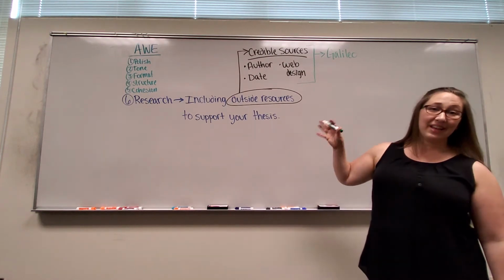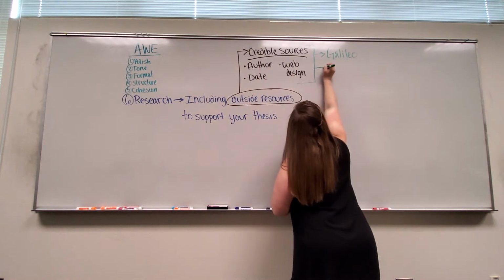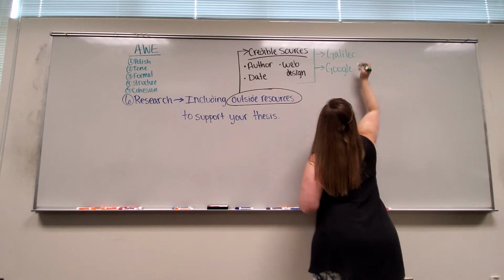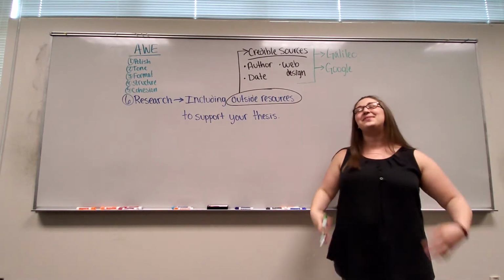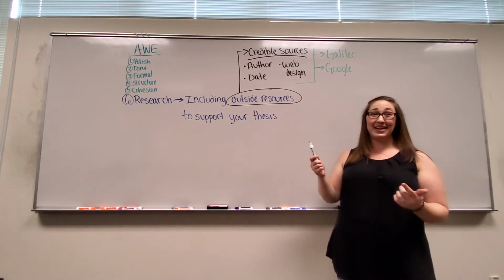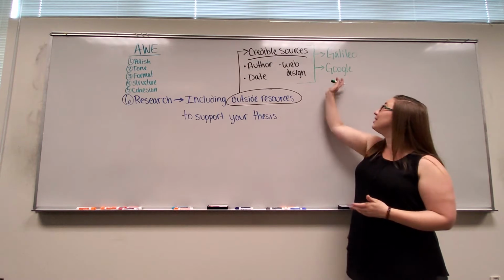Now, if Galileo's not your cup of tea, and you can't really find what you are looking for, then of course you can use Google. Go to Google, find out information there. It's a great source. I mean, it has beat out Ask Jeeves and Yahoo search engines for a reason. So just Google.